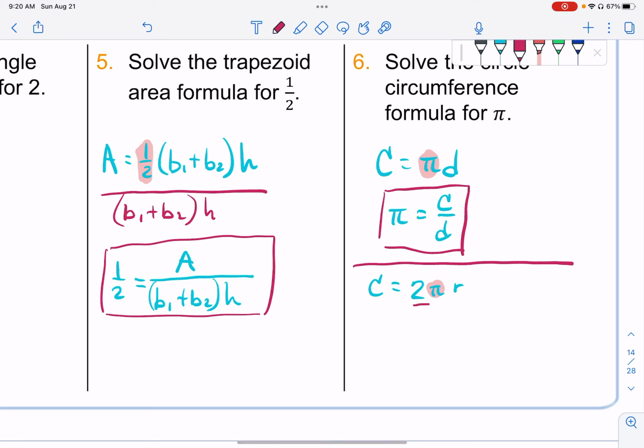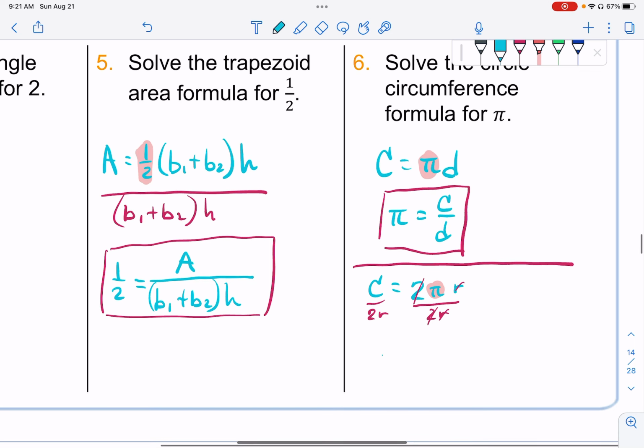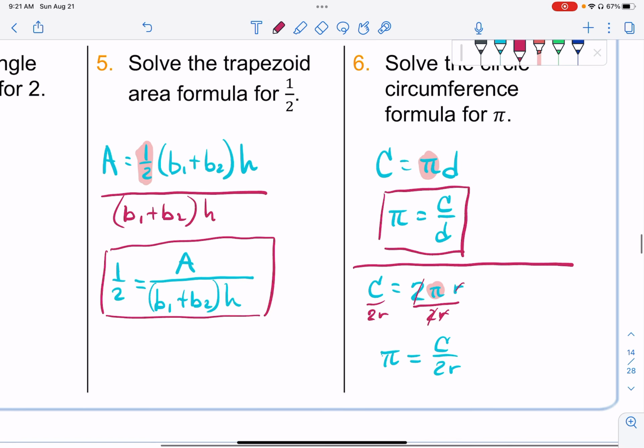So I can get rid of both of them by just dividing. Okay. And then on the left side, the 2's will cancel, the r's will cancel, giving me just the pi, which is what we wanted. I'll flip that around. Pi is equal to c over 2r. Okay, now this answer is equivalent to the previous one because 2 times the radius length is equal to the length of a diameter.